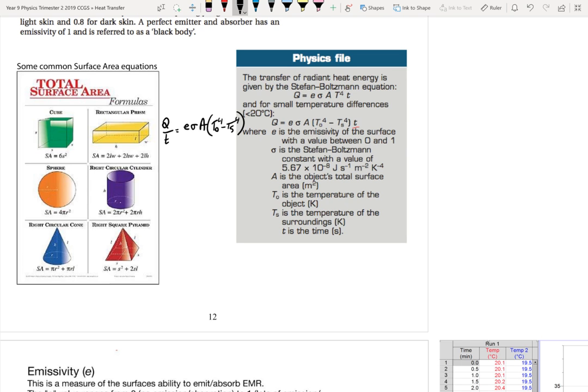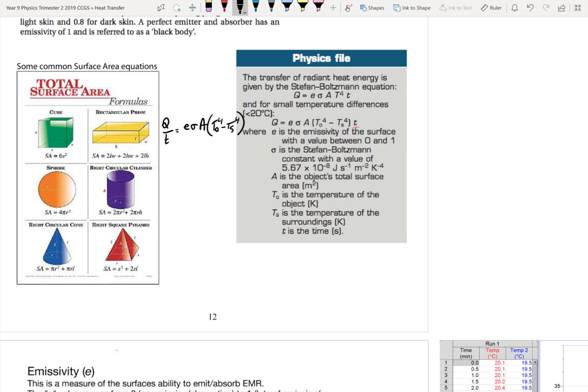Now, Daniel asked a really good question about why the top one is not including the surrounding temperature. You could try this yourself. Once the difference in the two temperatures gets greater than 20, because you're raising something to the fourth power, it's huge. And if you subtract something that's a lot colder, even though that's being raised to the fourth power, it won't affect that massive value.